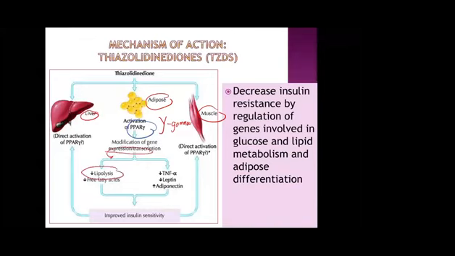Pag sinabi nating lesser extent of lipolysis, this means na ang triglyceride, hindi natin siya ma-hydrolyze into a free fatty acid or unesterified fatty acid. So mas na-enhance natin ang stores ng triglyceride sa fat cells or adipose.